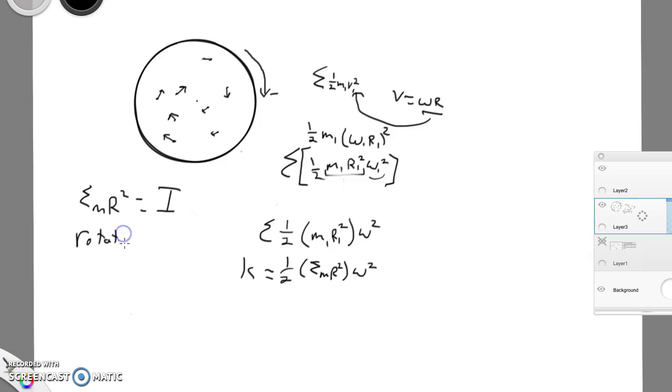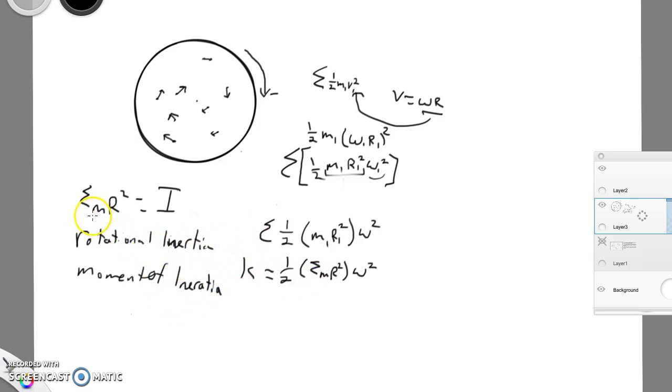It's also called moment of inertia. And I prefer to call it moment of inertia, but you can see it both ways. Okay, now this is essentially the rotational analog to mass. Okay, so this is like rotational mass.